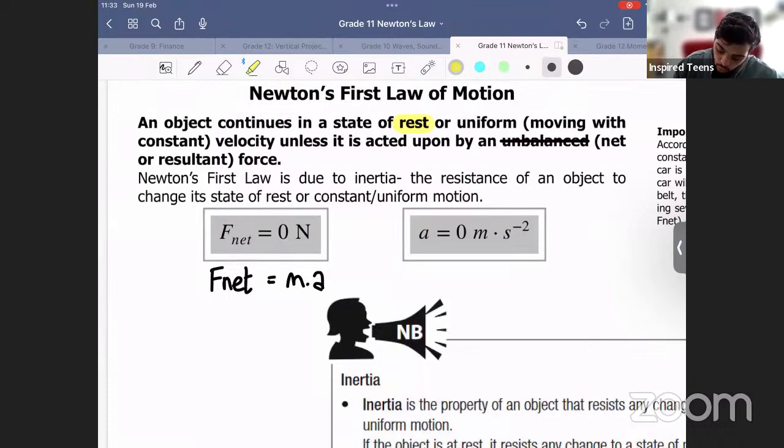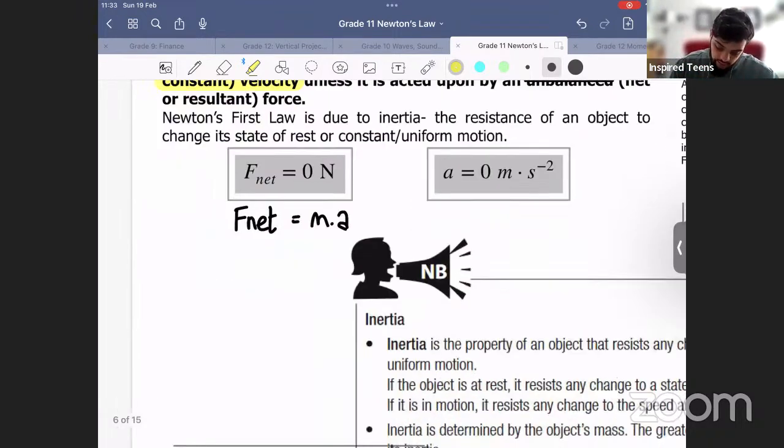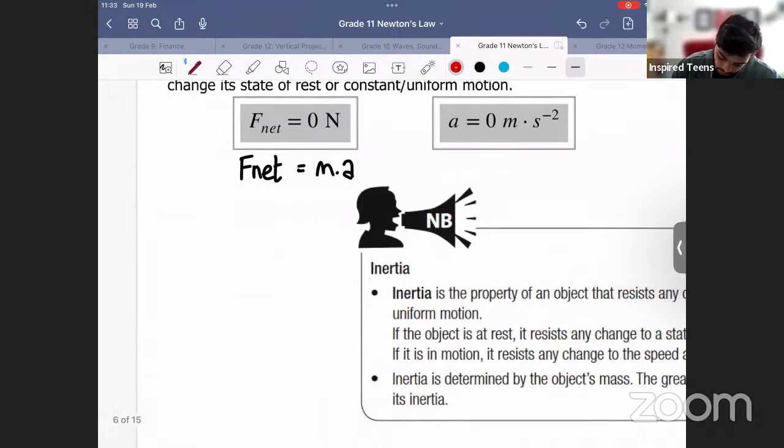rest or constant velocity. Remember, constant velocity has 0 acceleration because firstly, distance, or displacement rather, is the distance between start and end point. Velocity is change in displacement, and then acceleration is change in velocity.